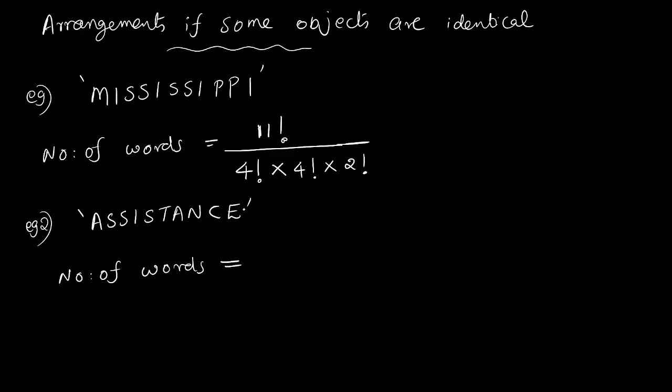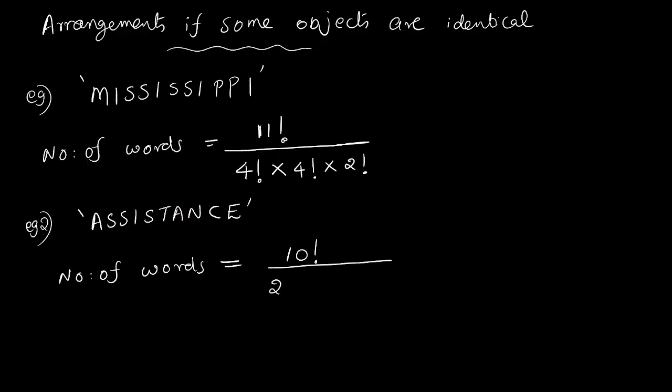In the same way, first of all count the number of letters. 1, 2, 3, 4, 5, 6, 7, 8, 9, 10. Total 10 letters are there. So 10 factorial is written. In the denominator side, which letters are repeated? A is repeated twice. Can you see? A is repeated 2 times.